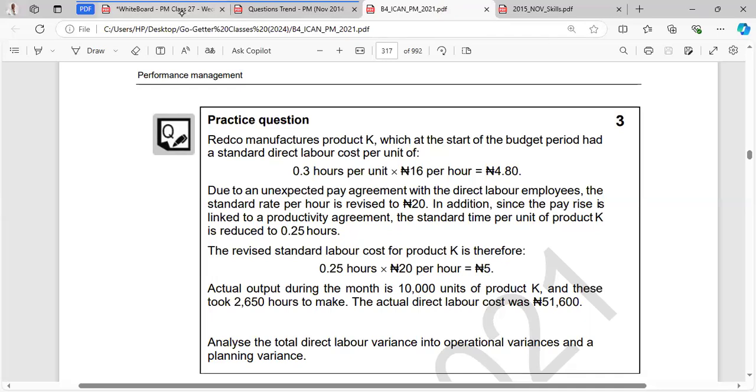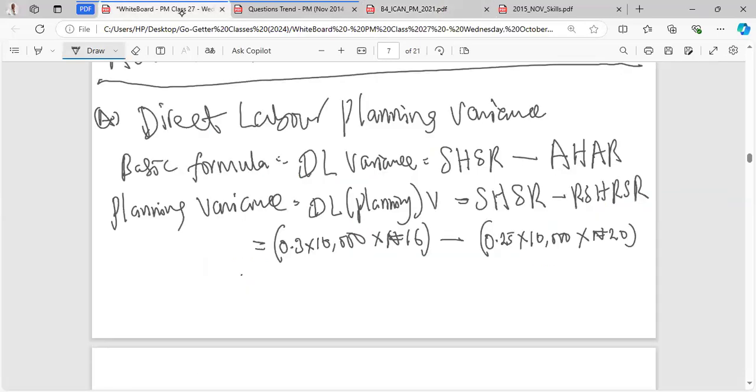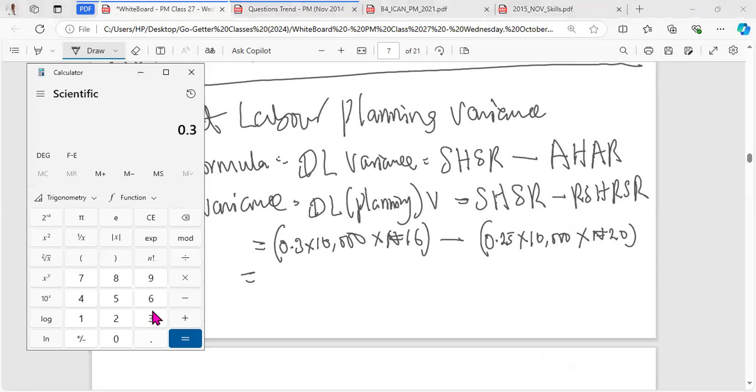Okay, so now let's break it down. Here's my calculator. Already 0.3 multiplied by 16, we know it's 4.8.